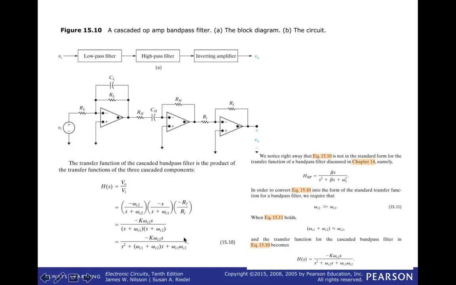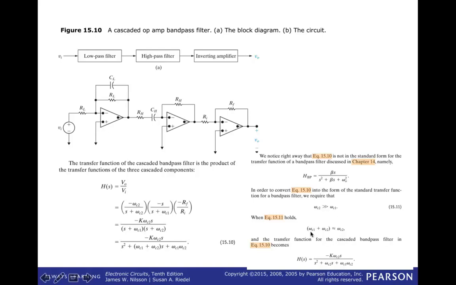And you'll notice that equation 15.10 does not have the same form as the equation that we derived in chapter 14. The only way that this can happen is if this is what we refer to as a very wide bandwidth filter. In other words, omega C2 is much, much greater than omega C1.